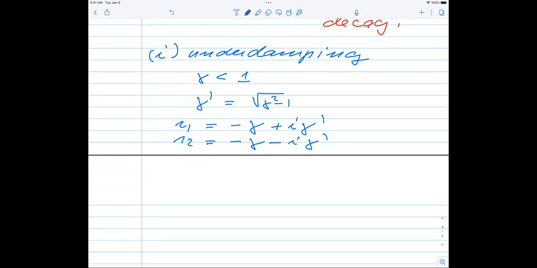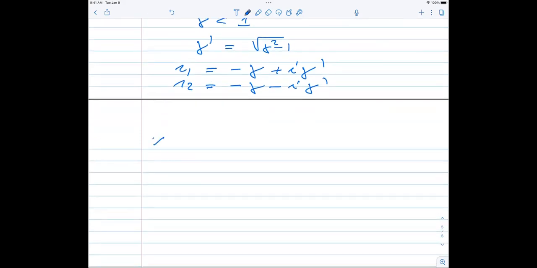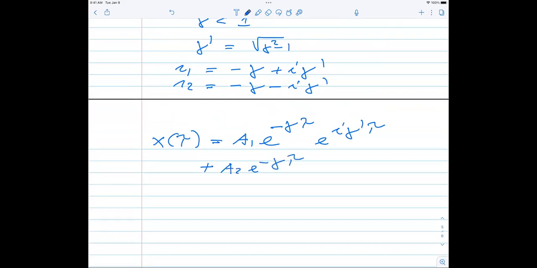So then when I collect everything, I'm going to have a solution which looks as follows. I have an x of tau, and then I have an A1 times the exponential decay, which is unchanged, times e to the I gamma prime tau. And then I have plus A2 times e to the minus gamma tau multiplied with e to the minus I gamma prime tau. And then I'm going to rewrite these terms in terms of cosines and sines.